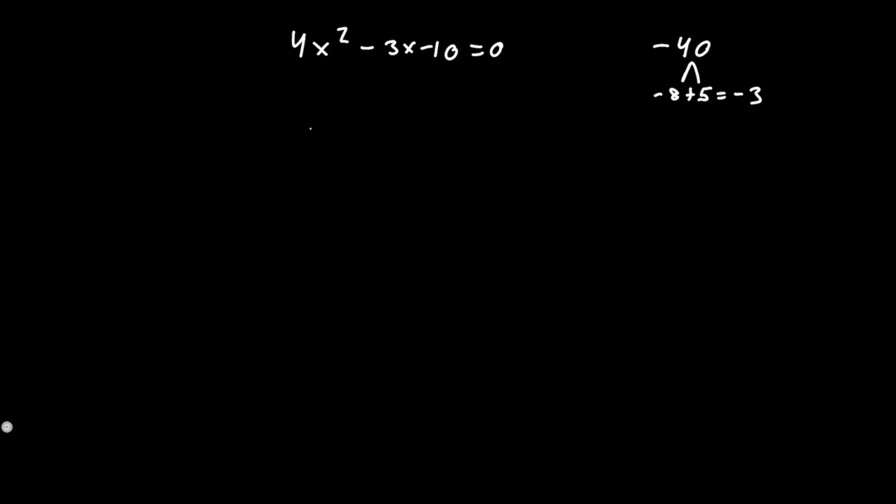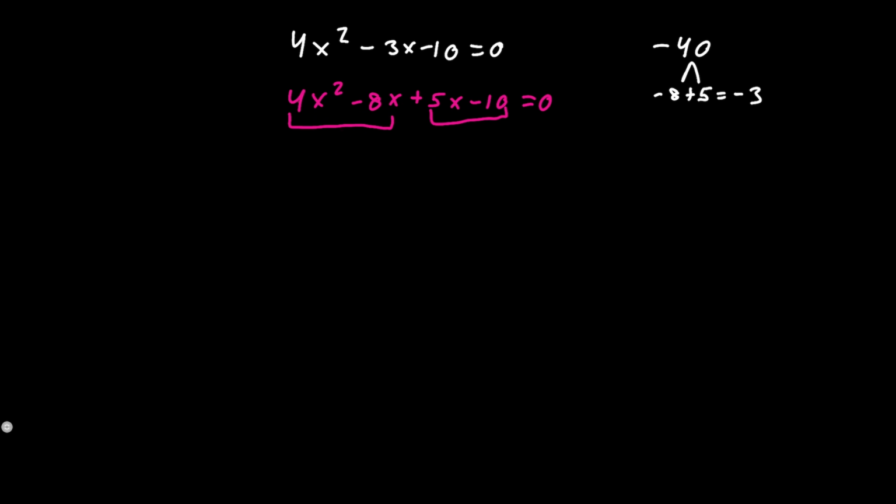And what we could do is split again our x term into negative 8x plus 5x. So we have 4x squared minus 8x plus 5x minus 10, and that is equal to 0. And we're going to go ahead and group like so.